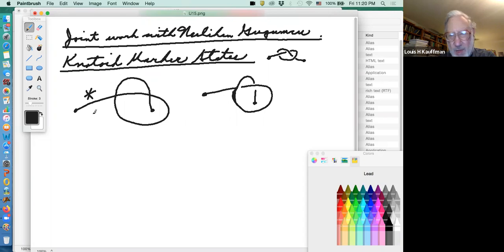And so I only have one starred region. And now I have two crossings and two regions, right? That's fine. And I can put a marker here. Oh, but look at that. I could put a marker here.